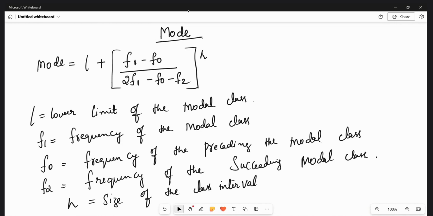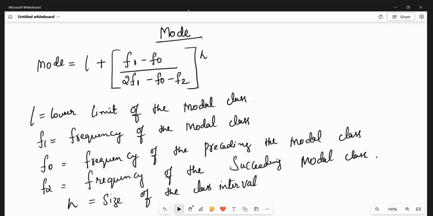Selecting the modal class is very important. If you make a mistake in the modal class, whatever calculation you do will be wrong.